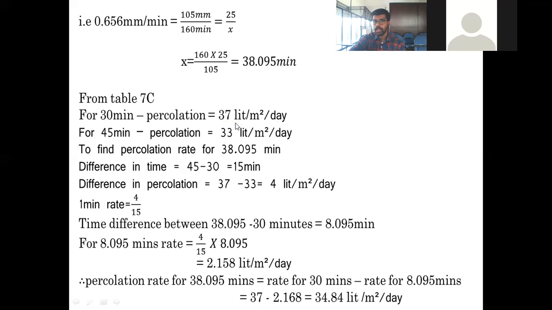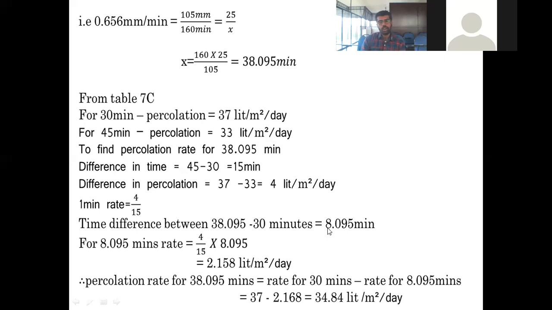So percolation for 38.095 minutes equals the rate for 30 minutes minus the rate for 8.095 minutes, that is 37 minus 2.158, equal to 34.84 liters per meter square per day.